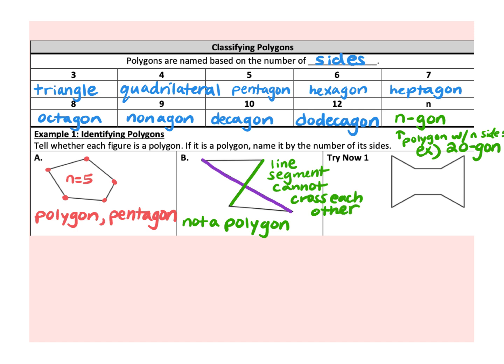And then my last one here, it is kind of funny looking, but if we count up the sides or the vertices, notice how all the sides are straight lines. There's no overlap. The line segments meet at endpoints. We have vertices. And if you count up either the sides or vertices, you'll find that you get 8. So this is a polygon, and it is 8 sides, so we'd call it an octagon.